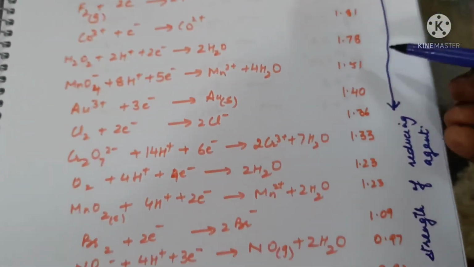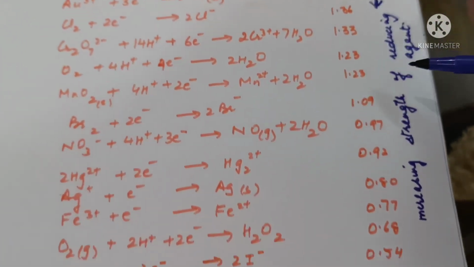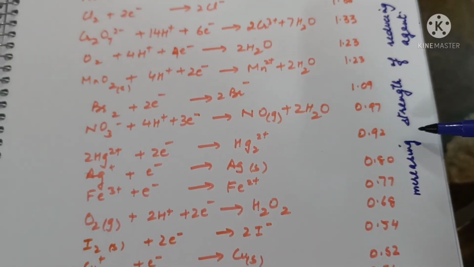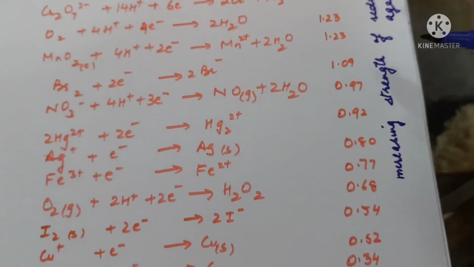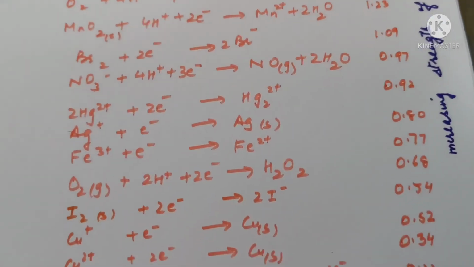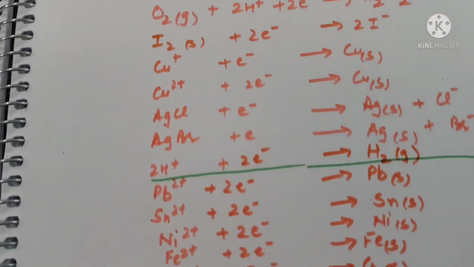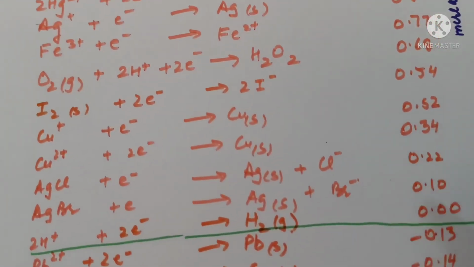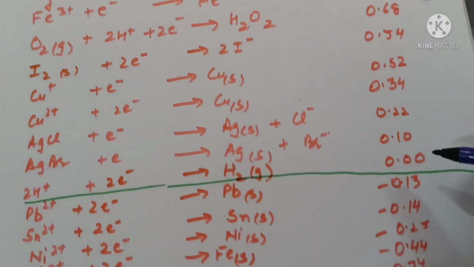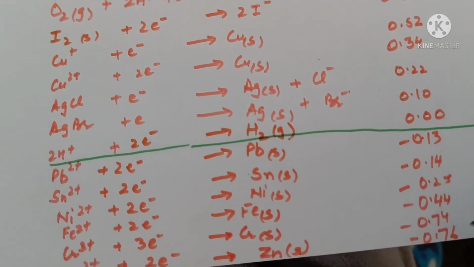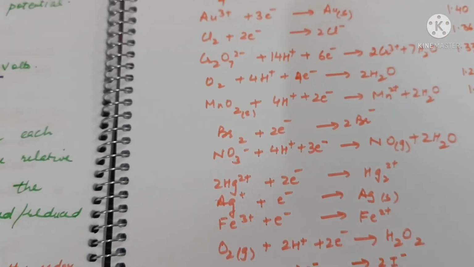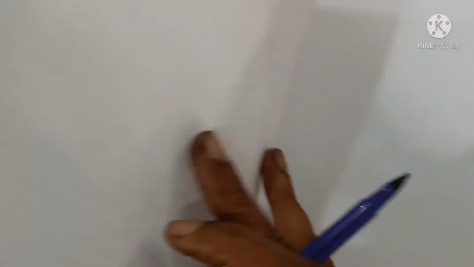So down this series, the strength of reducing agent increases. As we go down, the reducing agent becomes a stronger reducing agent. Above hydrogen, the values are positive. Below hydrogen, the values are negative. This whole series is called electrochemical series.